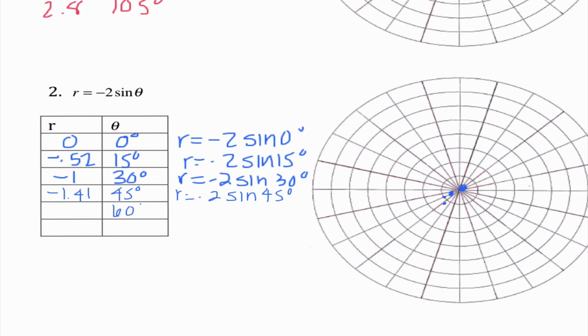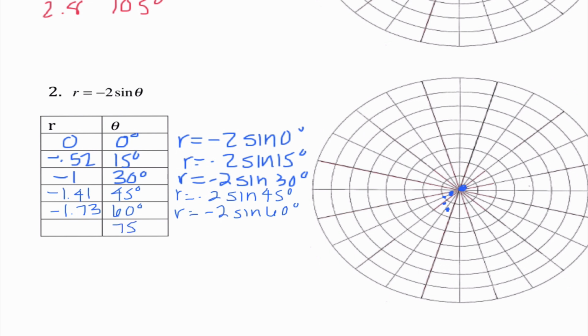At 60 degrees, R equals negative 2 sine of 60. I get negative 1.73. Okay, so once again, that's taking me closer and closer to 2.